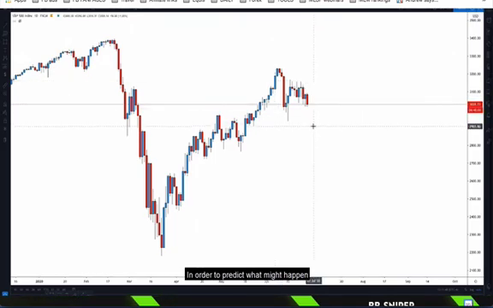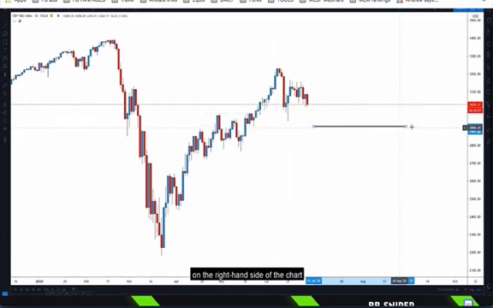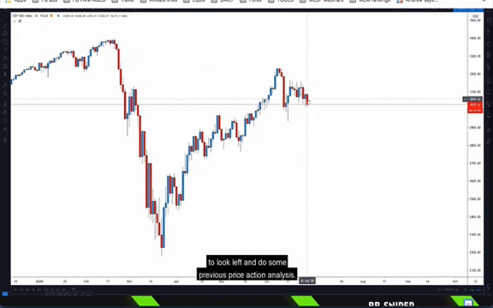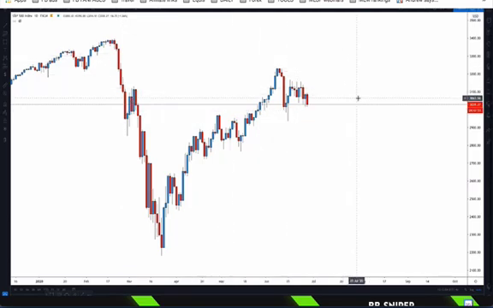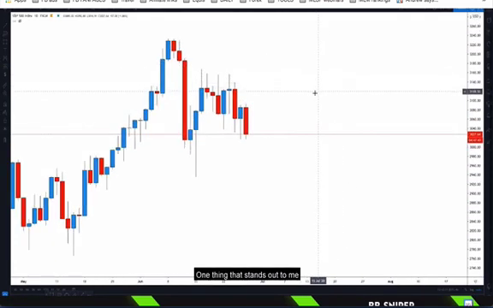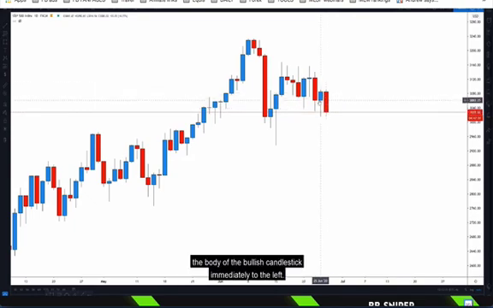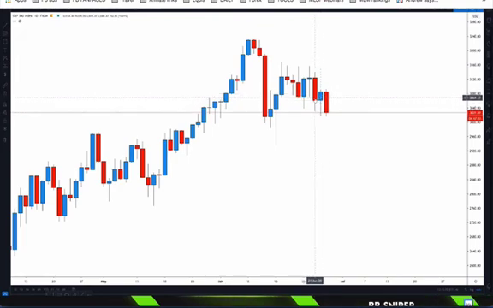In order to predict what might happen on the right-hand side of the chart that hasn't actually happened yet, it can be valuable for us to look left and do some previous price action analysis. One thing that stands out to me about this current candle that's printing is that the body is completely engulfing the body of the bullish candlestick immediately to the left.